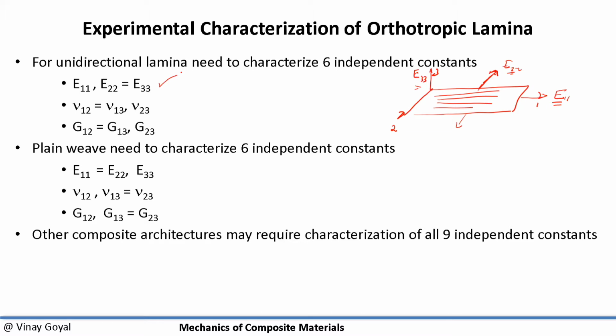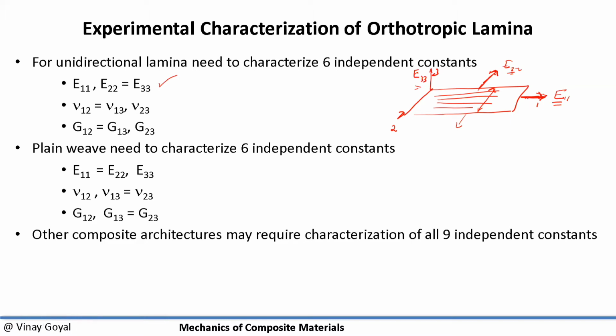Now let's examine the Poisson ratio. I load up the sample in the one direction, and I have contraction. I want to measure contraction in the second direction. Very similarly, if I apply a load here and examine what's going on in this direction, which is what Poisson ratio really means, you can see I'm examining across the fibers. So that's nu 1,2. Now let's look at nu 1,3.